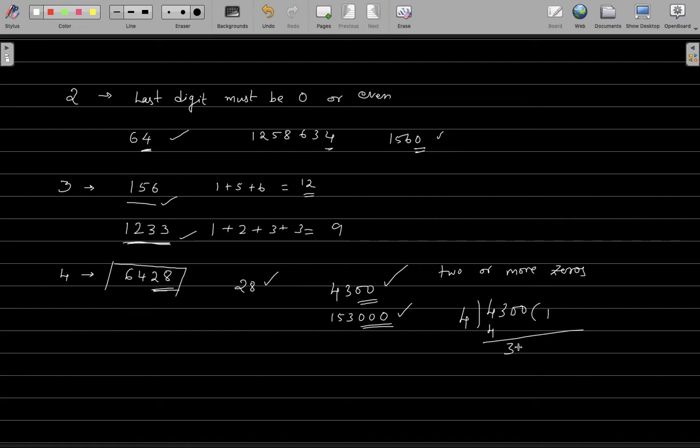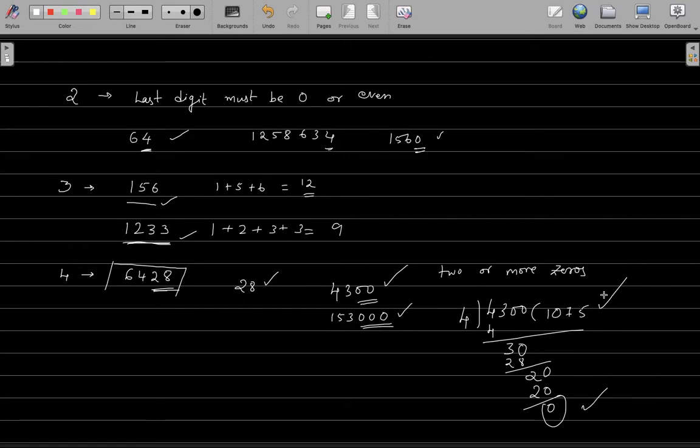That will give you 3. Then you bring down, you put a 0 and bring down this, and this will be 4 sevens are 28, and then you have 2 and bring down the 0. 4 fives are 20. That will leave you with a 0 remainder with 1075 as the quotient, which is a whole number. Remainder is 0.